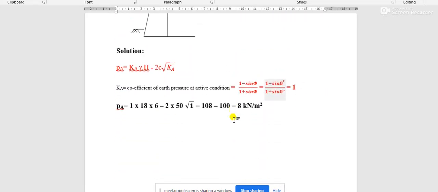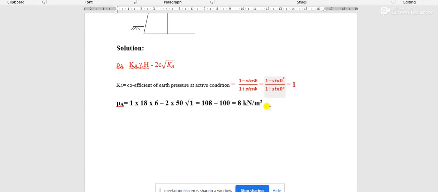Now, up to this, it is similar to the previous problem as the cohesionless soil. Now coming to the next part of this problem, this one is at the bottom of the wall. PA at the bottom of the wall is this one.